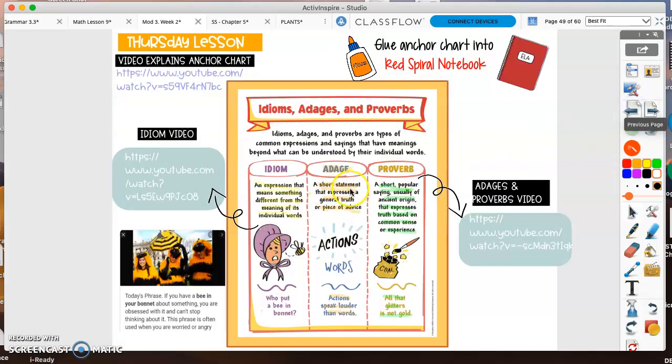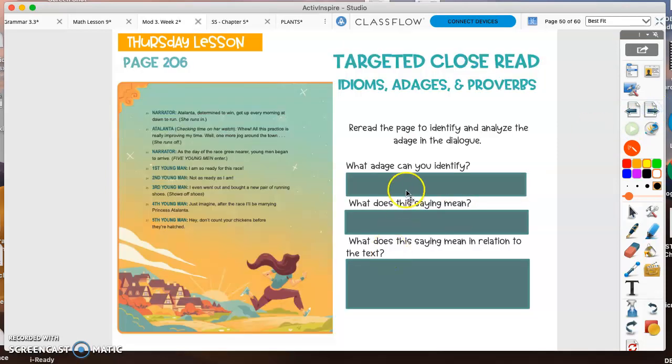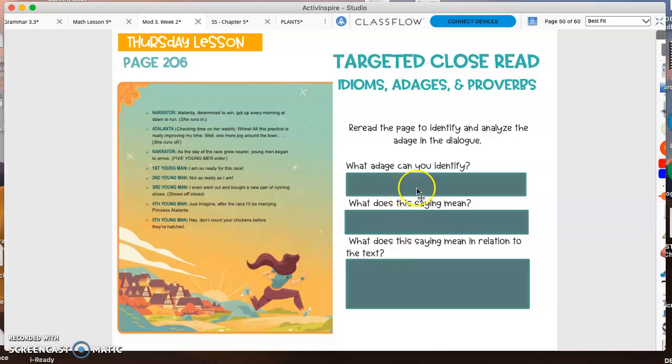An adage is a short statement that expresses a general truth or piece of advice. So what adage can you identify? Well, the adage in our text here was, don't count your chickens before they're hatched. That means I'm getting ahead of myself.